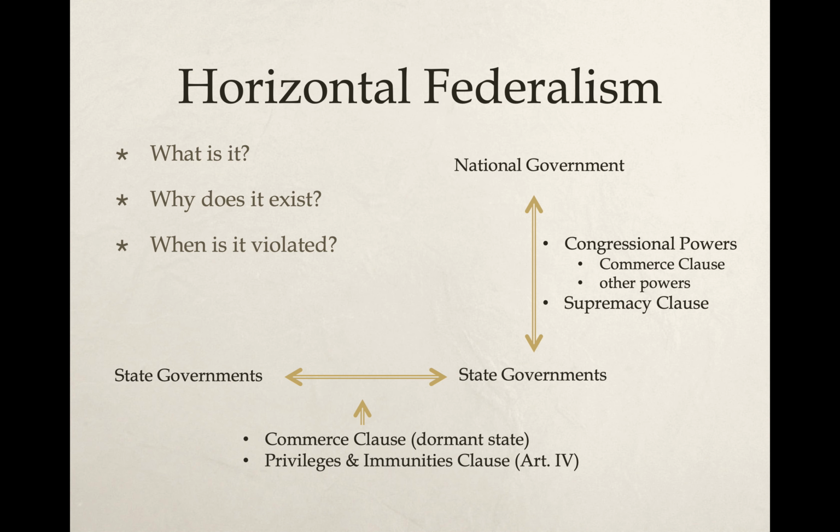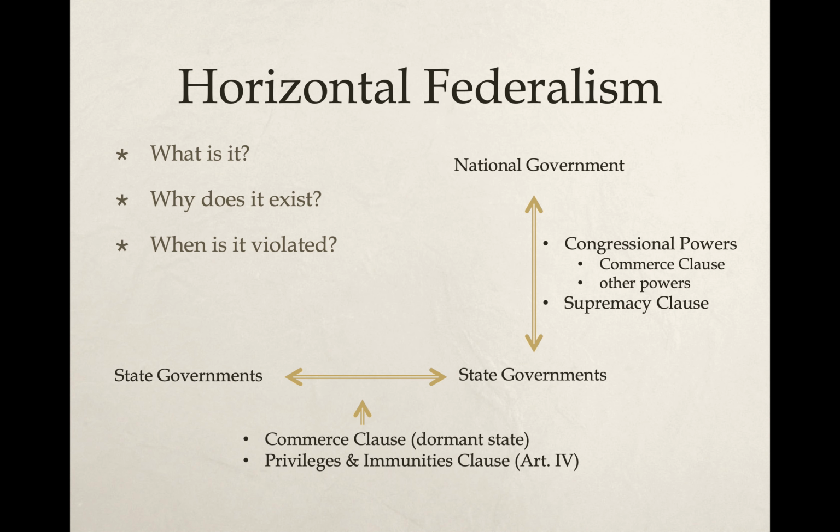But now we look at the very same clause and ask the question not what can Congress do, but what are the states disabled from doing because Congress has the powers that it has under the commerce power. So this is sometimes called the negative implications of the Commerce Clause, or sometimes just the negative Commerce Clause, because rather than a positive grant of power to Congress, the court has interpreted the Commerce Clause to take power away from the states, to negate what would otherwise be valid state police powers.